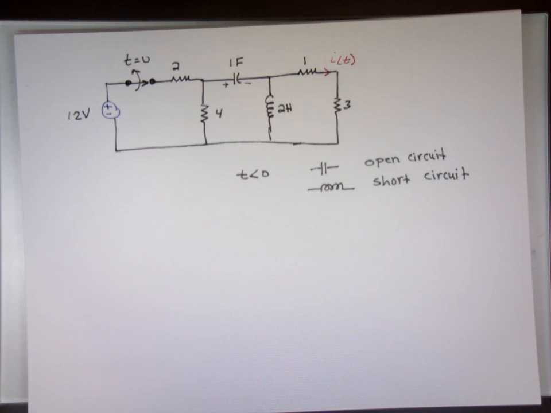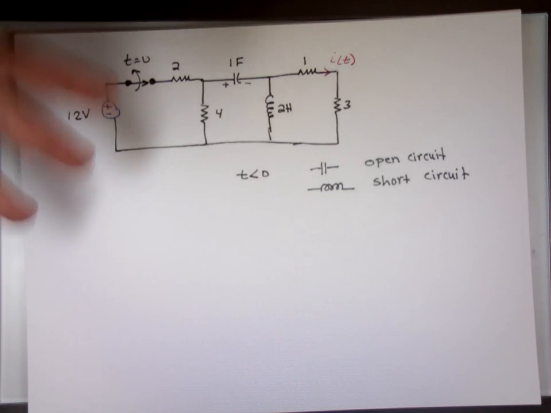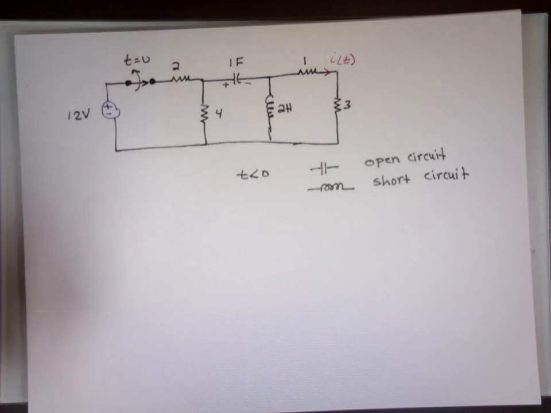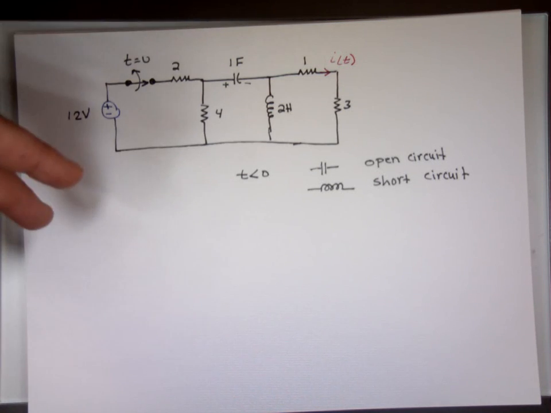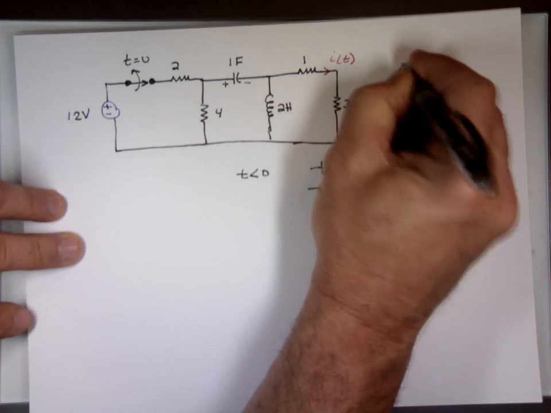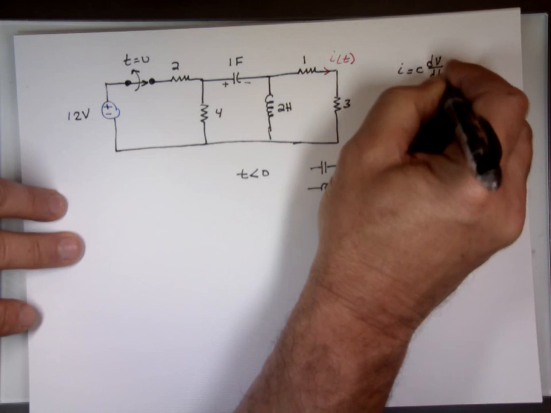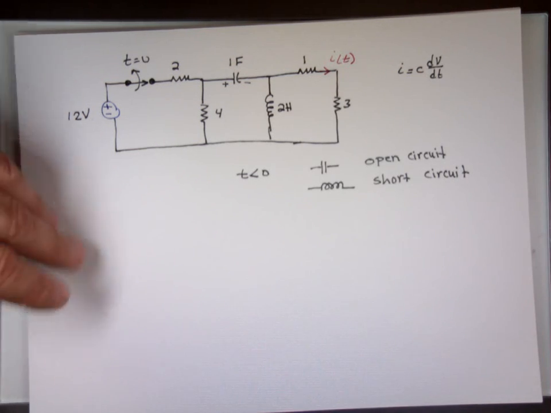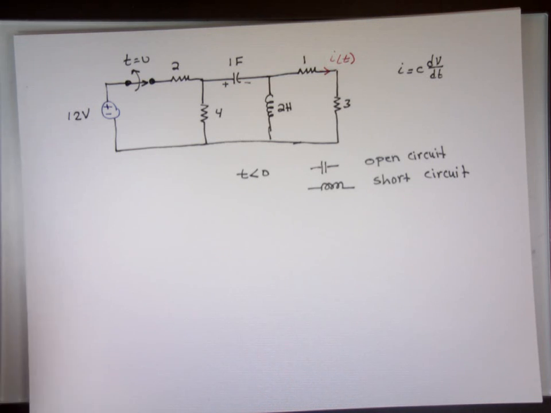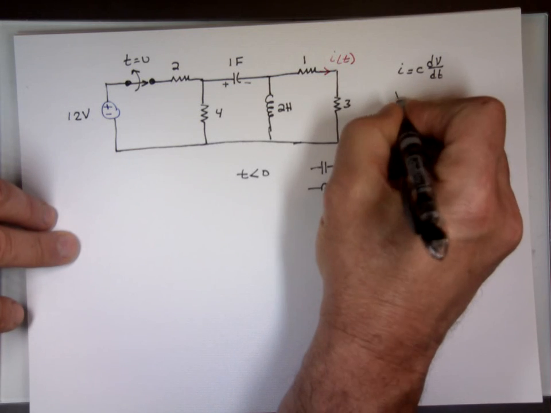To a DC source, and again, the reason is because i equals C dv/dt. If there is no change in the voltage, that means your current is 0. For the current to be 0, it has to be an open circuit. And the voltage across the inductor equals what?